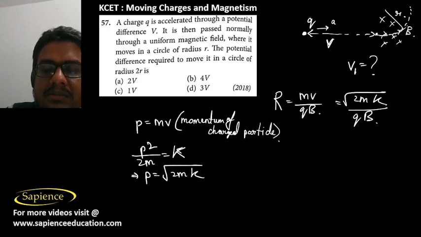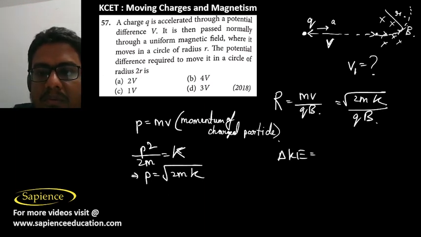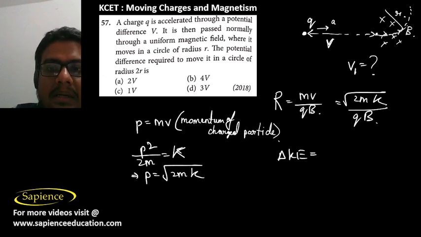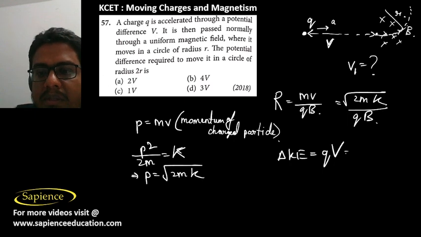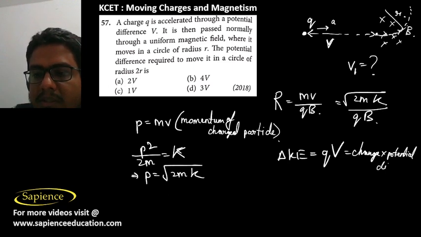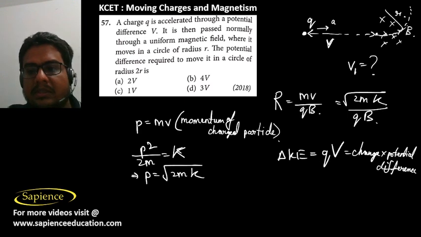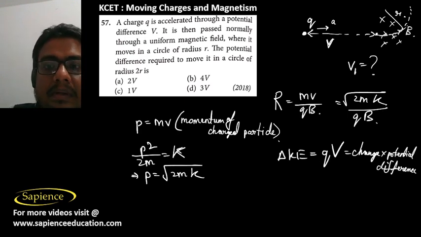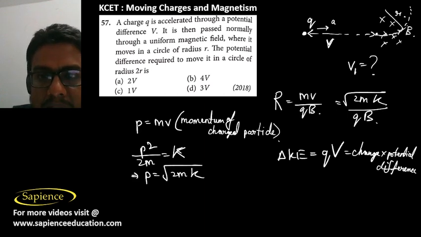Now for the kinetic energy, here we can apply the principle of conservation of energy, simply called the work energy theorem, where the gain in kinetic energy is equal to the work done by the electric force on the charge, which is equal to q into V. Charge into potential difference is the work done on the charge by the electrostatic force.